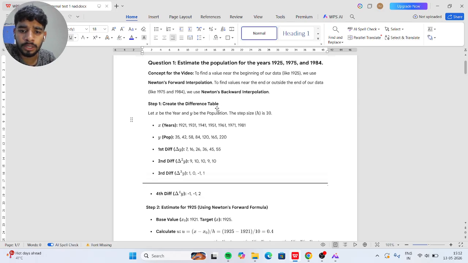Now we first create the difference table. As you can see, the x value is given here, y is given here. Now we will calculate the first divided difference.